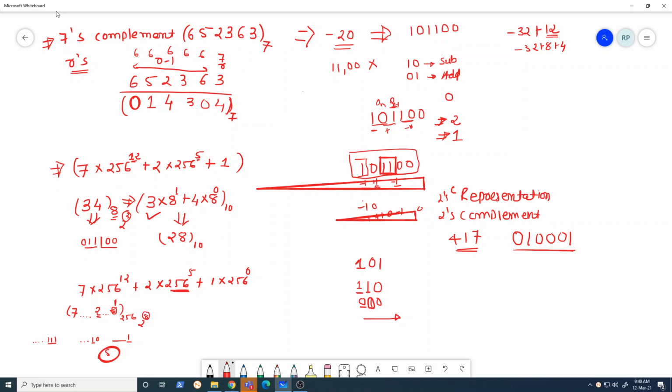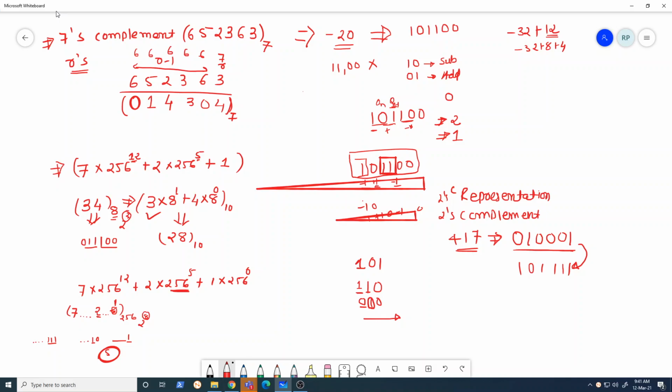So plus 17 can be represented like this in 2's complement representation. Suppose I want to take 2's complement of this number. Then the first bit stays as it is, and in the rest you need to convert 0 into 1 and 1 into 0. This is me taking the 2's complement of a number, and this is me representing a number in 2's complement form.